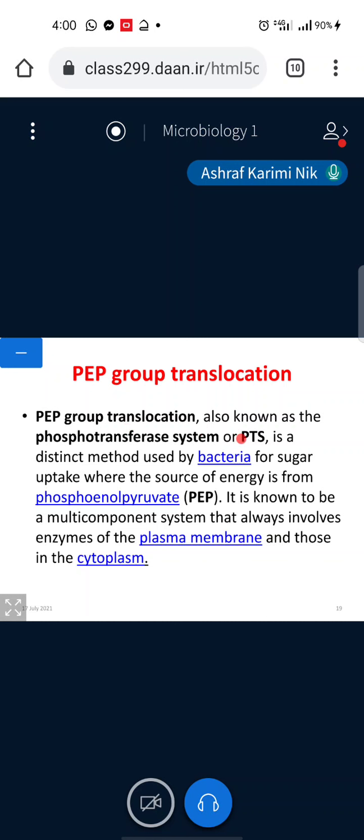PEP group translocation, also known as the phosphotransferase system, or PTS, is a distinct method used by bacteria. Yes, by bacteria, for sugar uptake, where the source of energy is phosphoenolpyruvate.